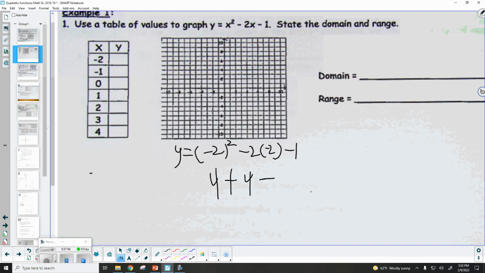Plus 4, minus 1. So that would be 7. Same thing for negative 1. So negative 1 squared, 1. Negative 2 times negative 1, minus 1. So we would have those two cancel.